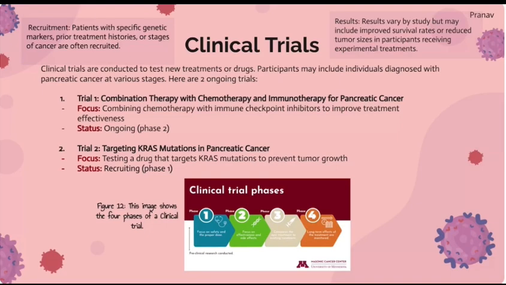The focus of this one is combining chemotherapy with immune checkpoint inhibitors to improve treatment effectiveness. And trial number 2 is targeting the KRAS mutation in pancreatic cancer. This is testing a drug that targets the mutation, which will prevent tumor growth.